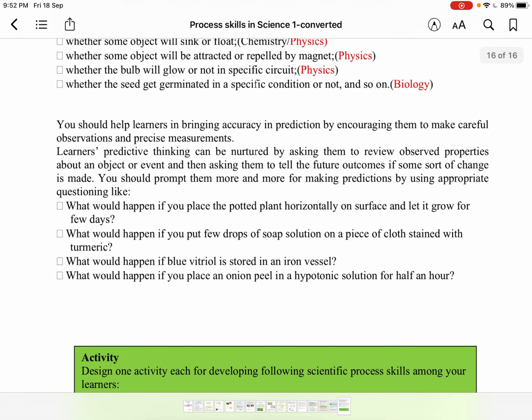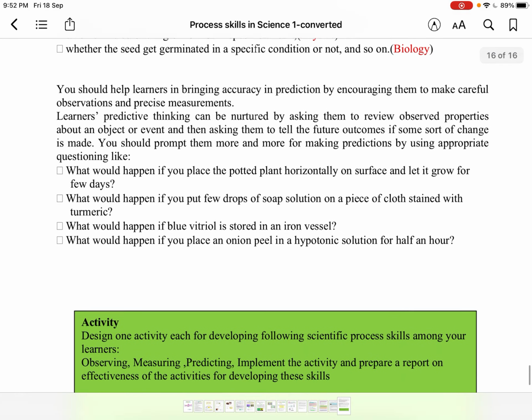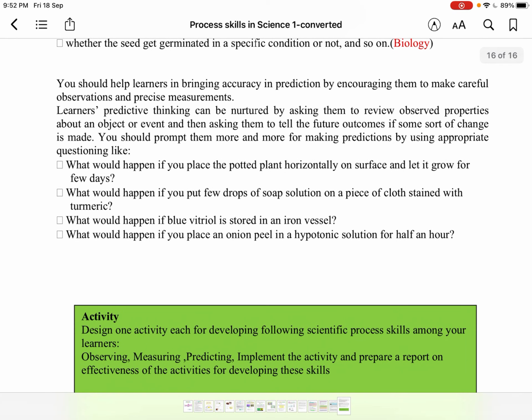What would happen if you put a few drops of soap solution on a piece of cloth stained with turmeric? Students will predict there too. What would happen if blue vitriol is stored in an iron vessel? That is chemistry. What would happen if you place an onion peel in a hypotonic solution for half an hour? This is from biology.